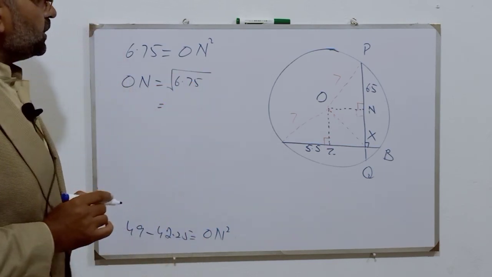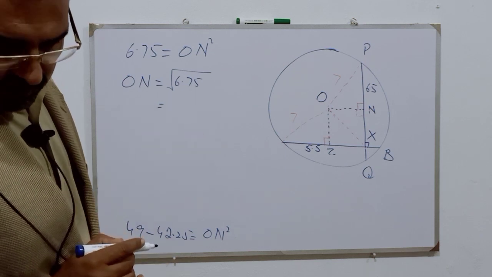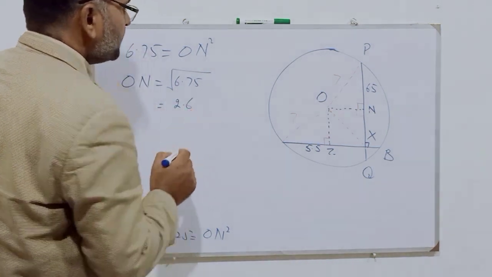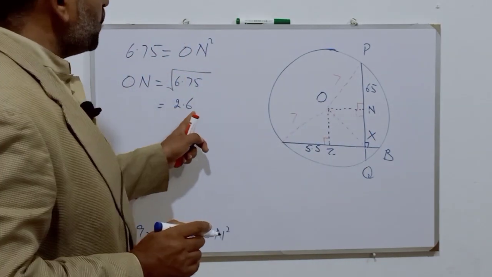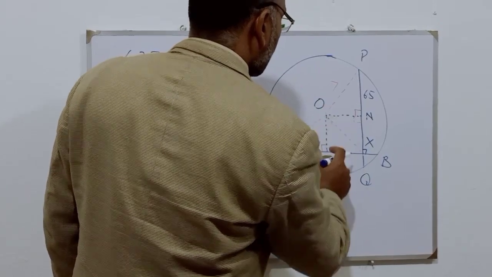Use calculator to find the value of under root 6.75 and we will have 2.6 centimeter, that is the length of ON. I mean to say ON is equal to 2.6. Write the value of ON as well as OZ.